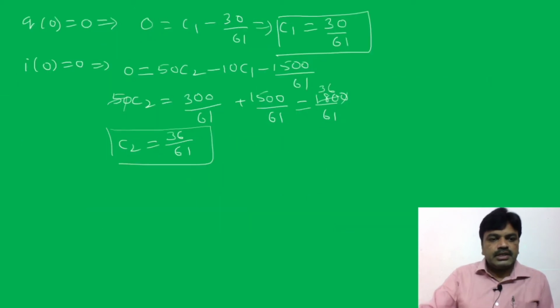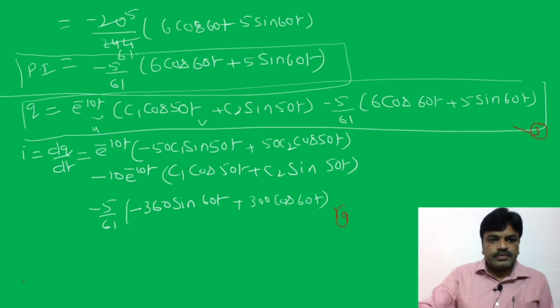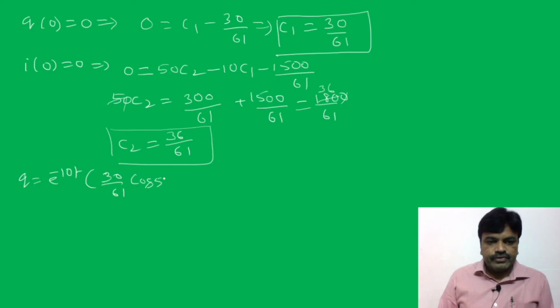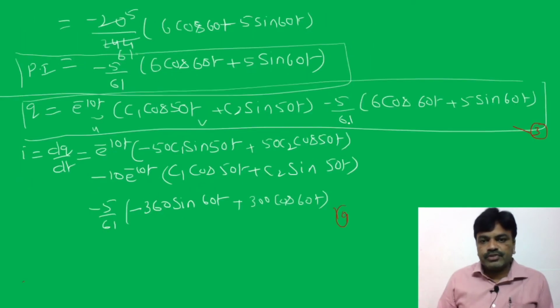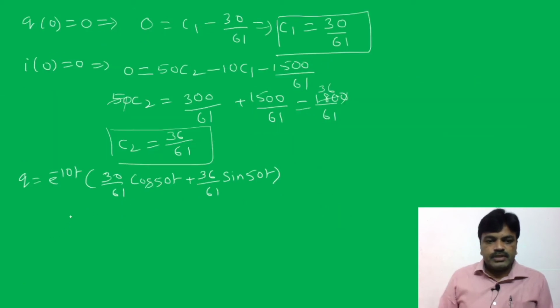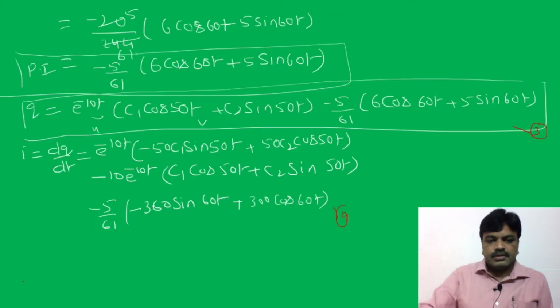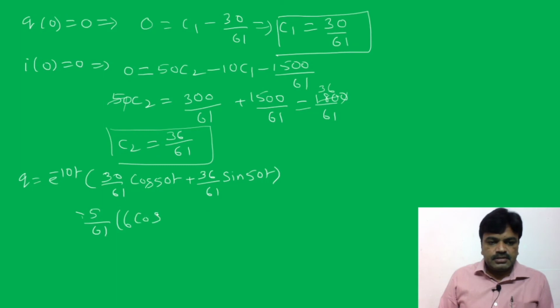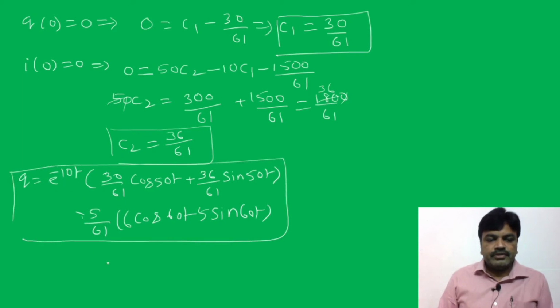So Q is equal to e power minus 10t, C1 value is 30 by 61 cos 50t, C2 value is 36 by 61 sin 50t, and then the complementary function and particular integral, minus 50 by 61, 6 cos 60t plus 5 sin 60t, which is the required solution of the given problem.